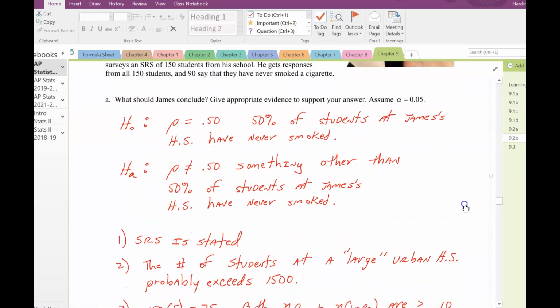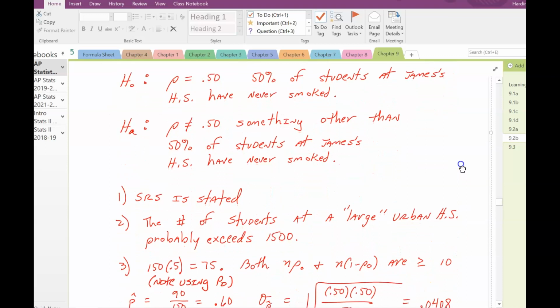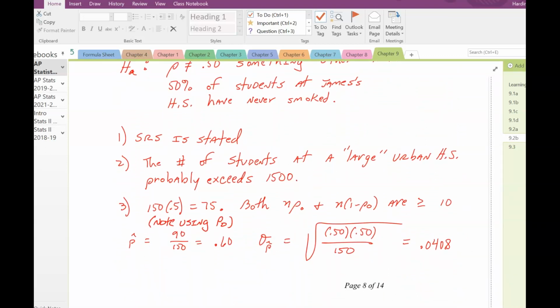Taking a look at the conditions that are met, a simple random sample has been stated. They did make a point of saying it was a large high school, so it's likely that his sample of 150 is less than 10% of the population of kids at the high school. For the large counts condition, note that we are using the proportion from the null hypothesis.